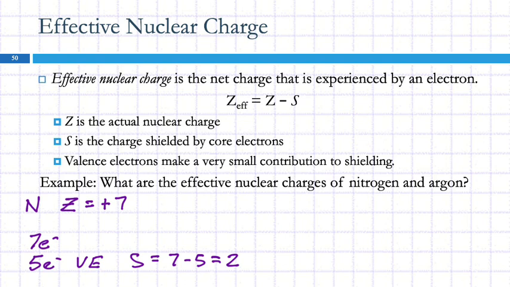So our effective nuclear charge is equal to the actual nuclear charge minus the number of core electrons, and so we have an effective nuclear charge of +5. Let's look at argon.